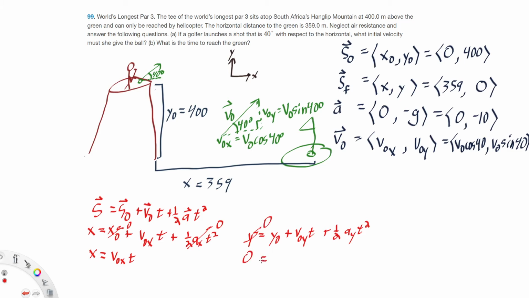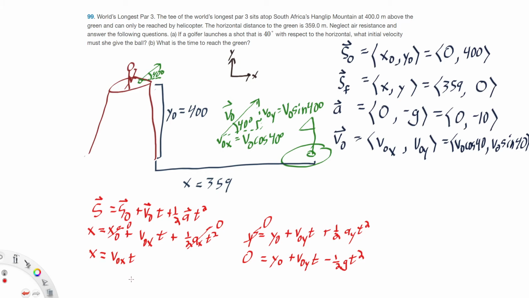0 equals, right, our y naught's going to be 400. But we're not going to plug in any numbers just yet because we're going to do some pretty nice algebra, and it's easier to do algebra without plugging in numbers. I am going to plug in the minus g for a here, though. So it looks like we have two unknowns in our x equation.